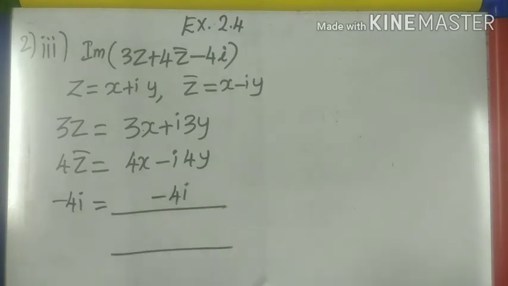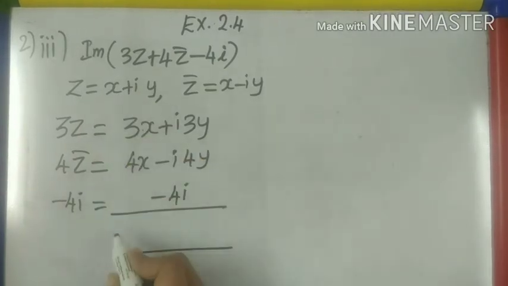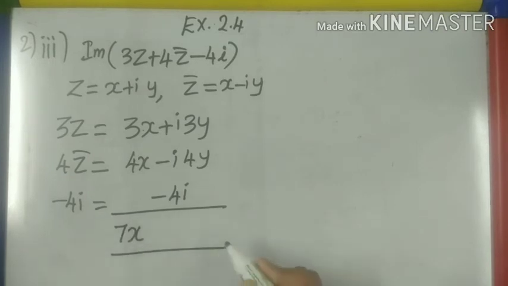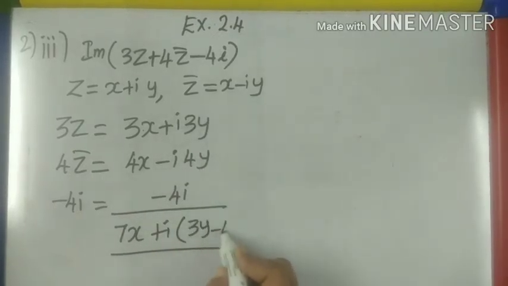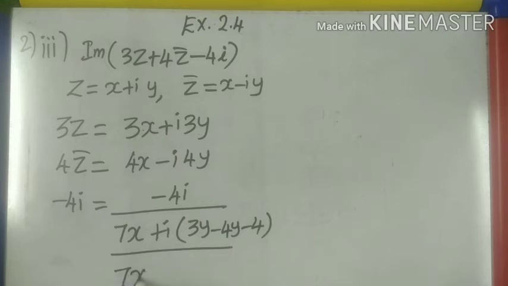Adding all this together. 3X plus 4X, 7X. In all this, which is common? i. What is remaining? 3Y minus 4Y minus 4. Simplifying the answer, we have 7X. 3Y minus 4Y is minus Y. So minus Y minus 4.